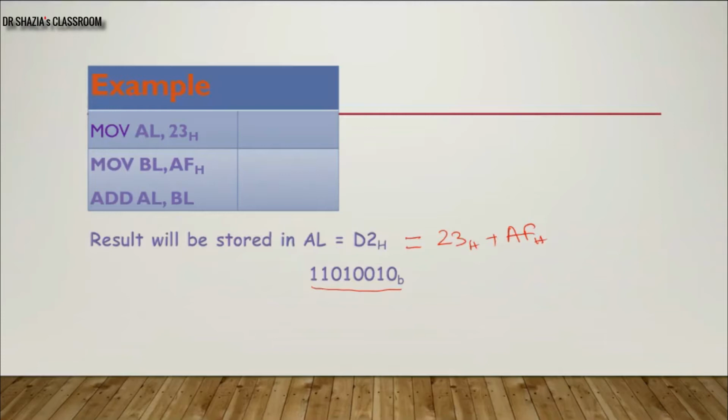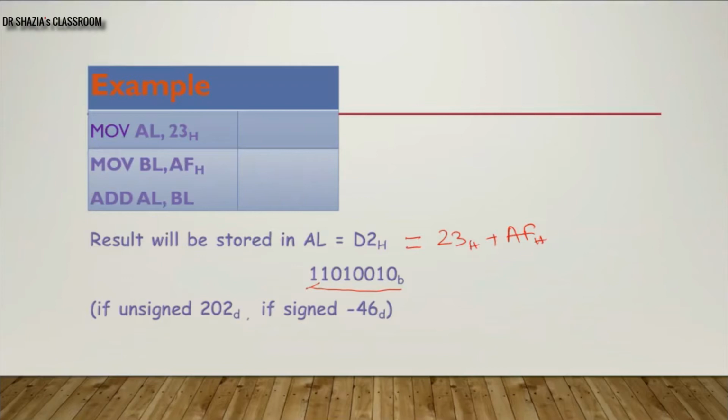If I consider this to be unsigned, then my answer, if I convert it into decimal, will be 202. But if I consider this to be a signed operation, then how are we going to look at this result? As the MSB is high, we will know that the number is negative, or the result is negative.